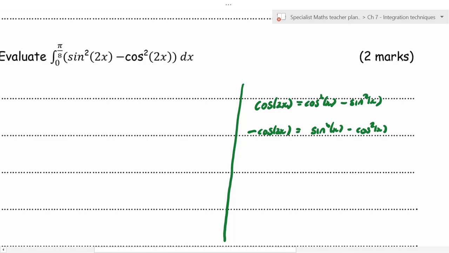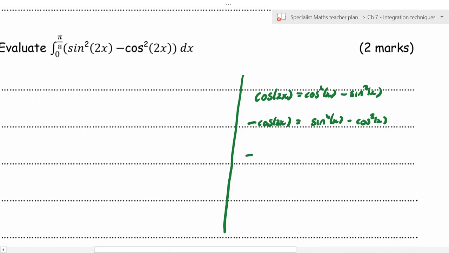So if I doubled those angles, if I made that 2x, would you agree then that minus cos 4x would equal sine squared 2x minus cos squared 2x? Would you agree with that?